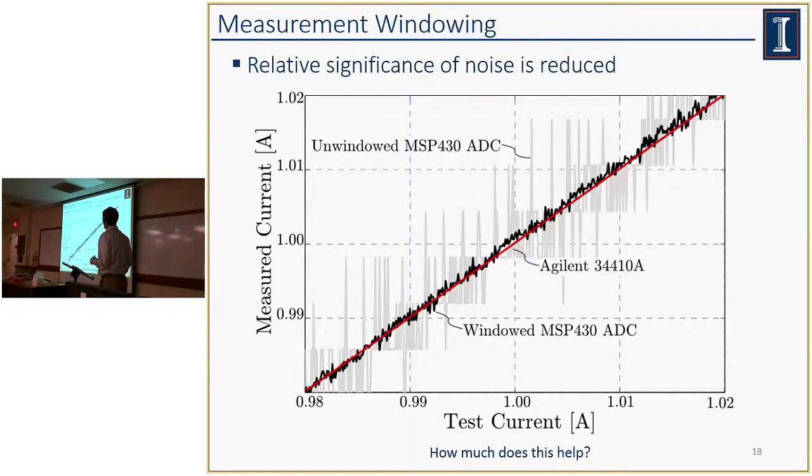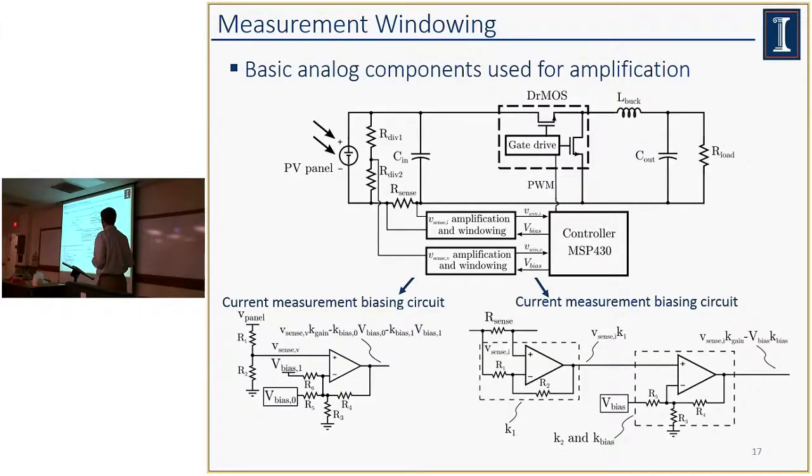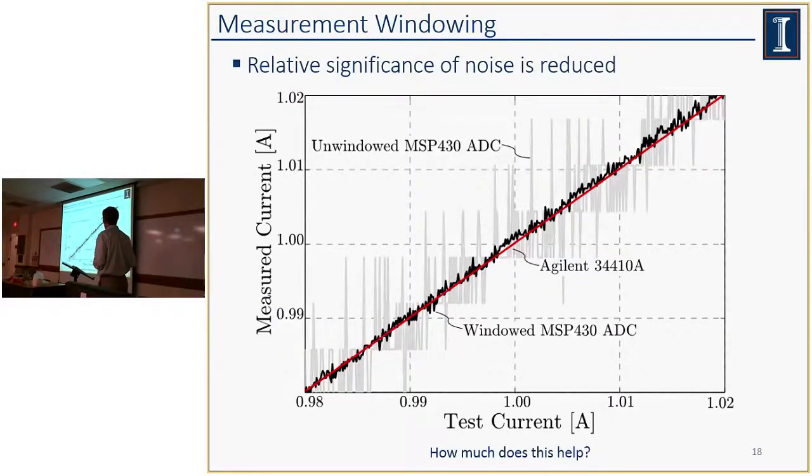So what's the end result? This is the same test with the current window set to roughly 1/32 of the full current range. And by windowing the current signal in that way, we're able to minimize the damage, if you will.